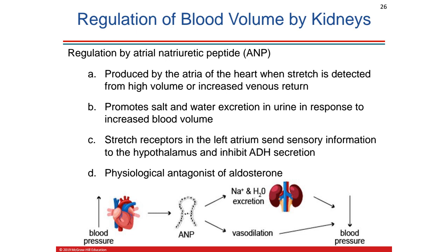So in many ways, atrial natriuretic peptide acts as the physiological antagonist of aldosterone, having exactly the opposite effects. And in fact, there's another effect shown in this diagram, which is that atrial natriuretic peptide seems to relax vascular smooth muscle in arterioles and venules, and that would also tend to decrease blood pressure.